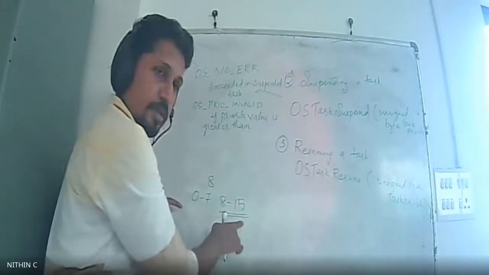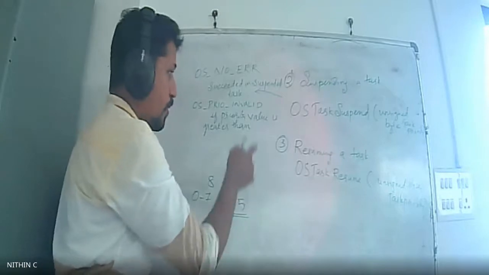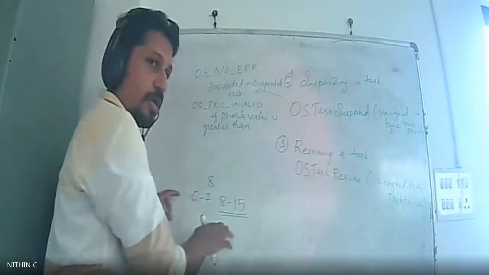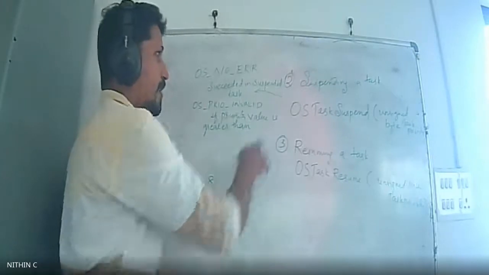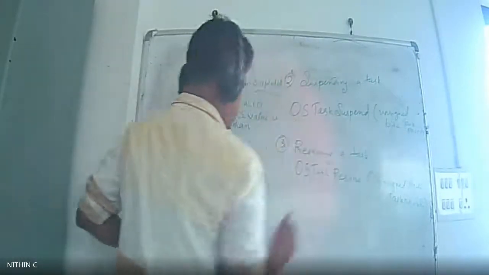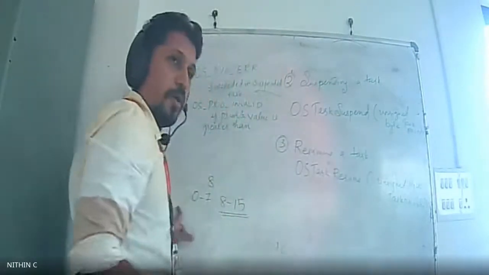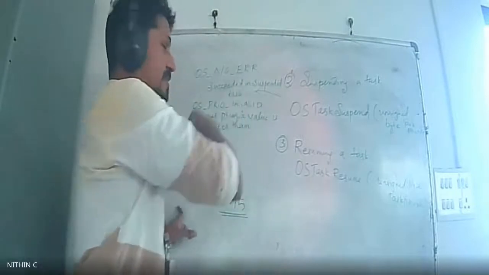So in our particular example, if you are setting a priority value here as 16, it will be wrong. It will be displaying a message as invalid.